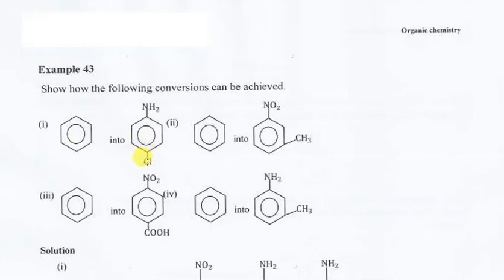I mean, this is weakly deactivating and this is the ortho director. So in this conversion we must start by introducing this one before introducing this one. For example here, this one has attached meta, meaning their relation is 1,3 which is meta. So we must start by introducing nitro. How do we introduce nitro? Benzene with conc sulfuric and conc nitric. From there we introduce the alkyl by Friedel-Crafts alkylation reaction.